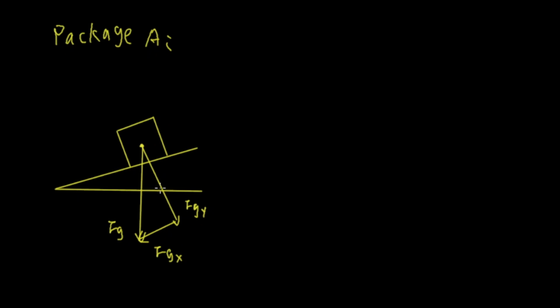And of course, there's a normal force acting on the package because it's on the ramp, so we call that F sub n. And friction is always acting in the opposite direction of where the object is going, so it should be this way. We call that F sub k.